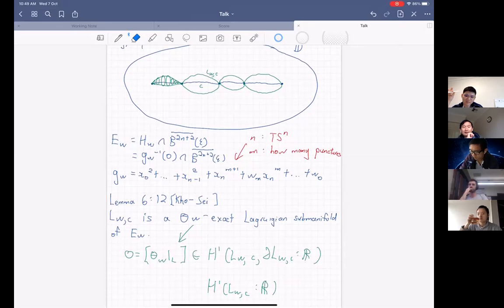But I think in the examples, there's no boundary. Where is the boundary? Is there a boundary here in LWC? This is a Lagrangian sphere, and for a sphere there's no boundary.